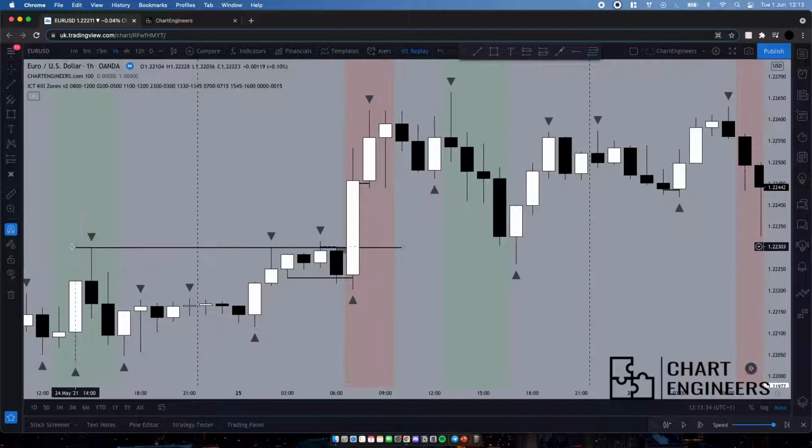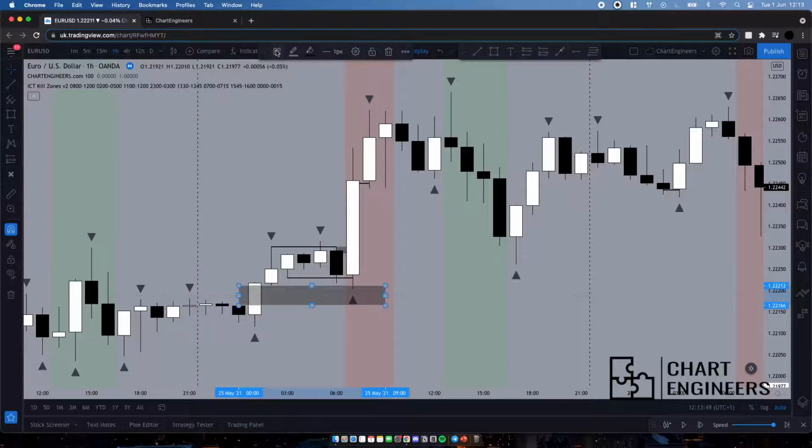We then had this H1 raid also over here. So this gave me a few confluences that price is bearish, and we also had this H1 fair value gap. So because of all those confluences, I'm like, yeah, price is gonna continue to go lower to at least take this low or come into this H1 order block before going back up.